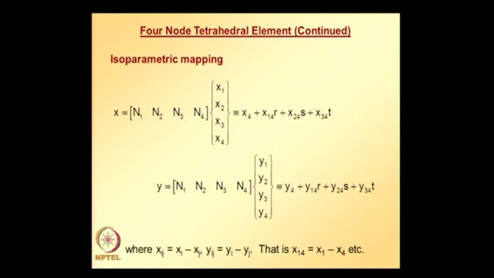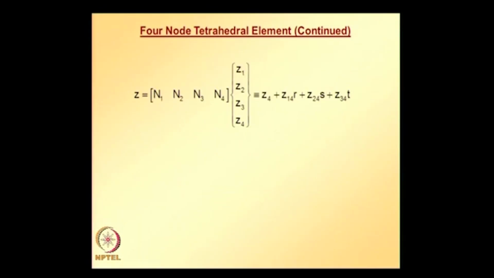Similarly, we can also express z in terms of RST using finite element shape functions of this 4 node tetrahedral element, and when we do that we get this. So, now we know how to express x y z in terms of RST.